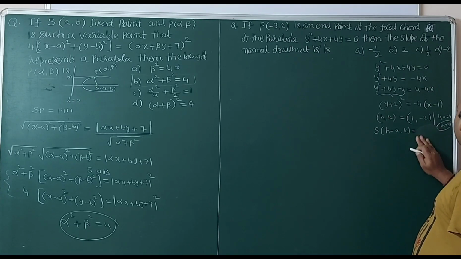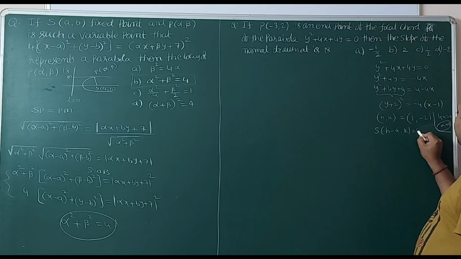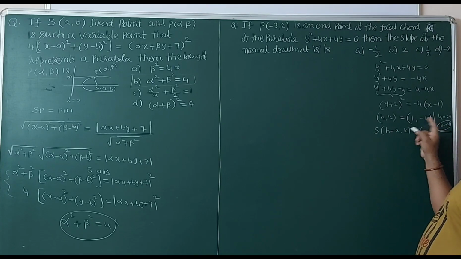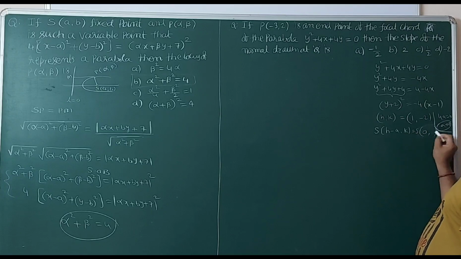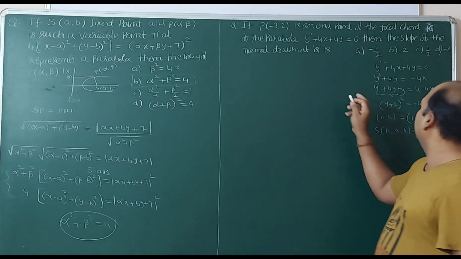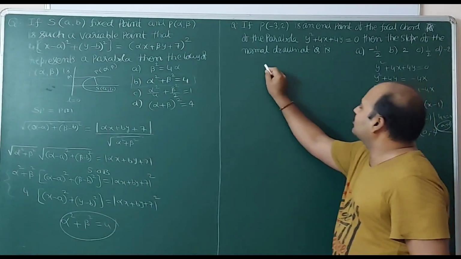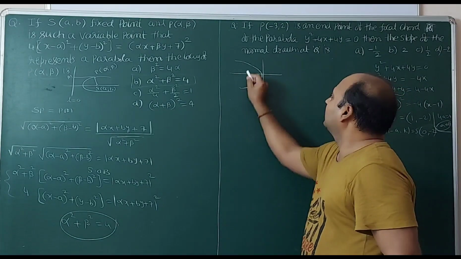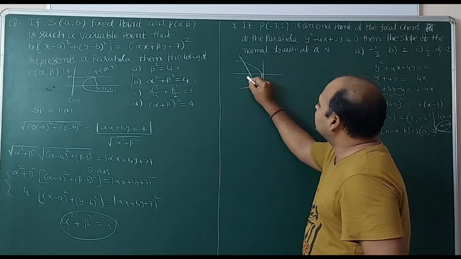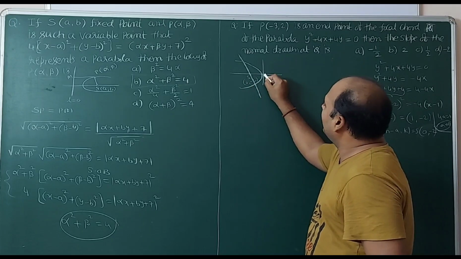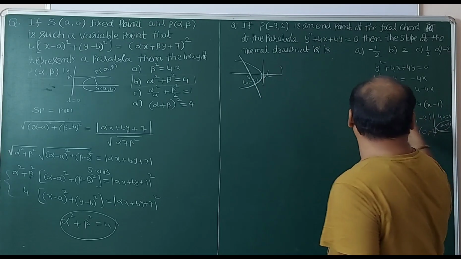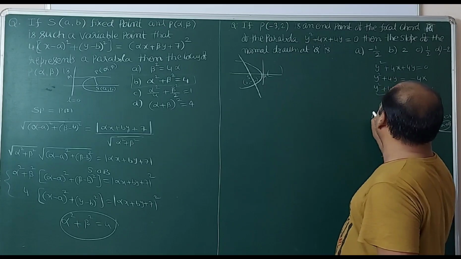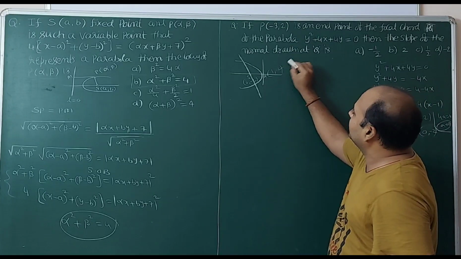So the focus coordinates are h minus 1, 0, and k value minus 2. So we got the focus. This parabola opens to the left, no? So this is the parabola. This is 0 comma minus 2, and the vertex is here, 1 comma minus 2.